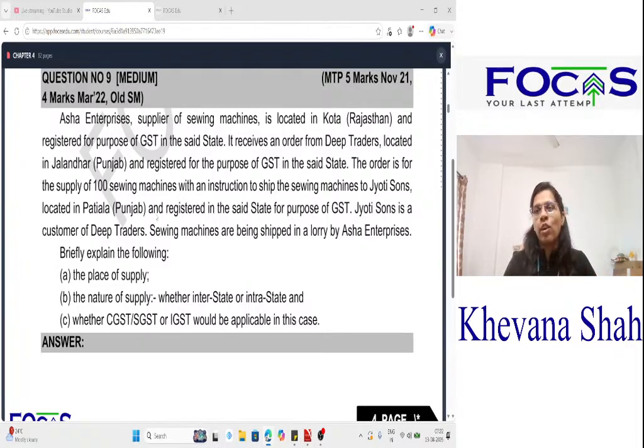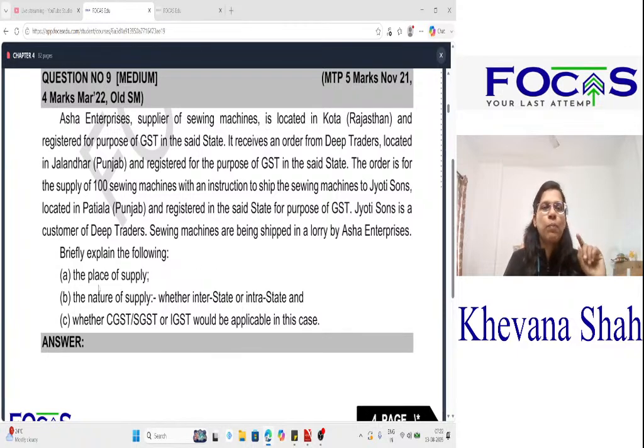So, if you can recall the provisions, this is a case of bill to ship to model. Okay. So, here your place of supply will be involved. And now the question says that the sewing machines are being shipped in a lorry by Asha Enterprises.